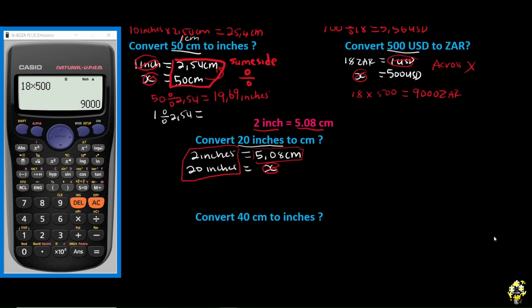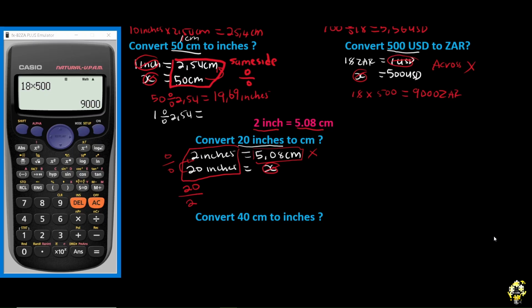If numbers are on the same side, what do we do to them? We divide them. If there is a number that is sitting across, what do we do to it? We multiply it. So here, again, bottom by top. So it's going to be 20 divided by 2.